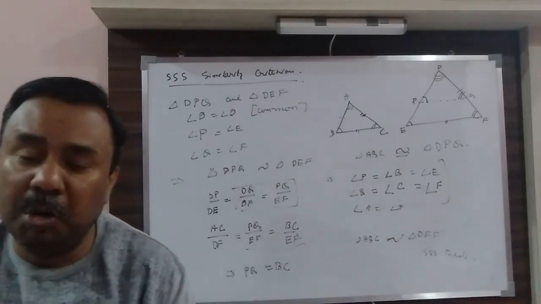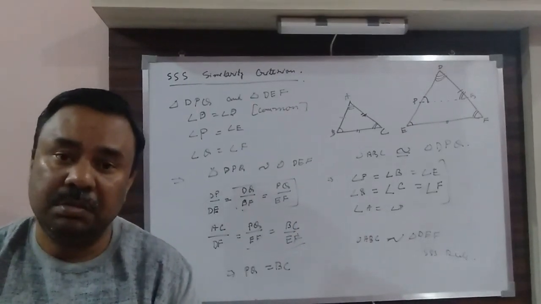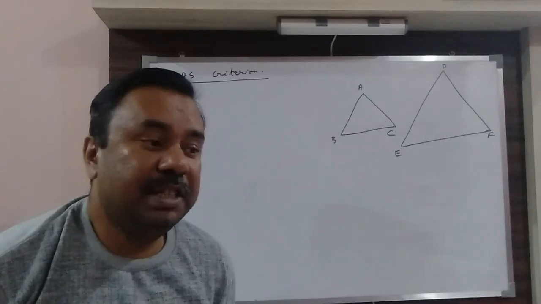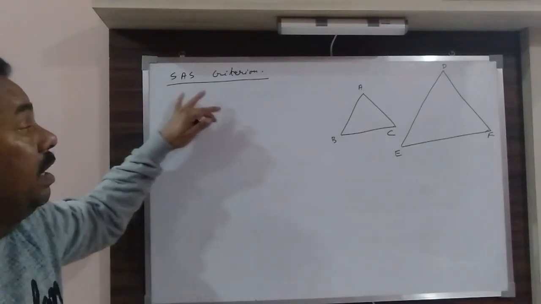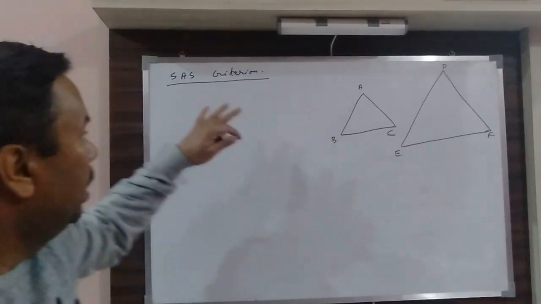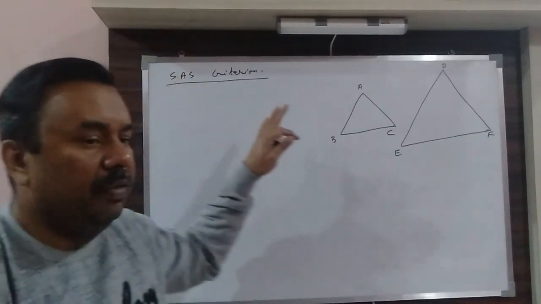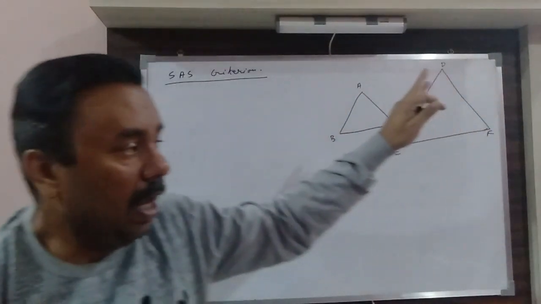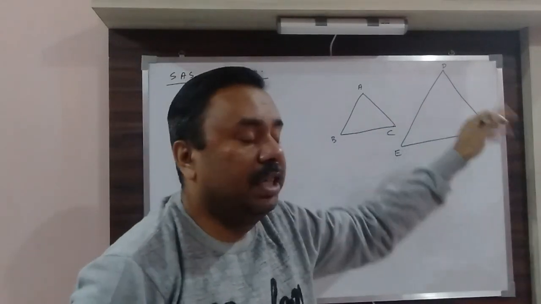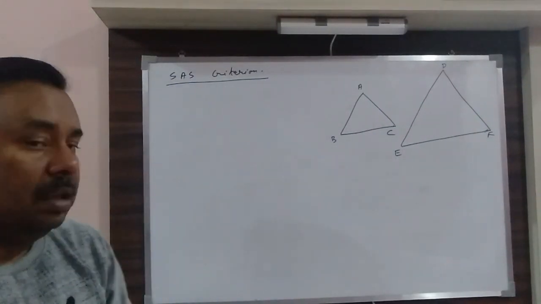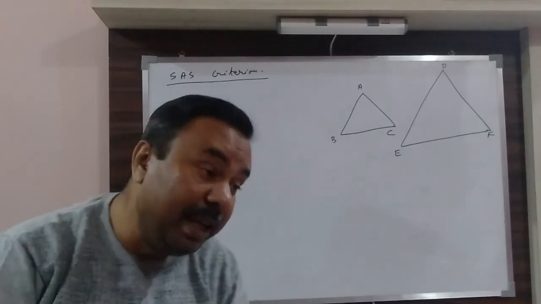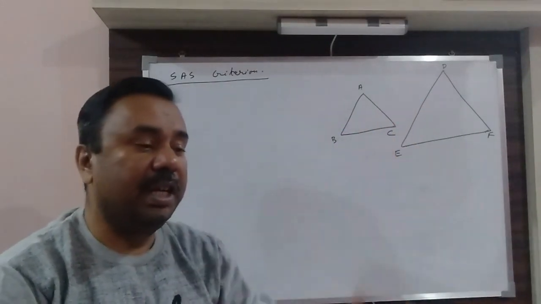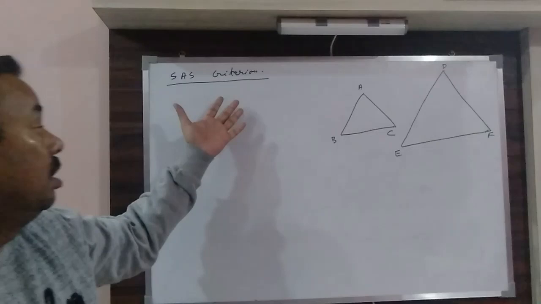Now I will discuss one more criterion. The third criterion is SAS, or side angle side. What is said in this is that if one angle of one triangle is equal to one angle of the second triangle, and the sides that are making the angle are in the same ratio with the corresponding sides making that angle in the second triangle, then the triangles will be similar.